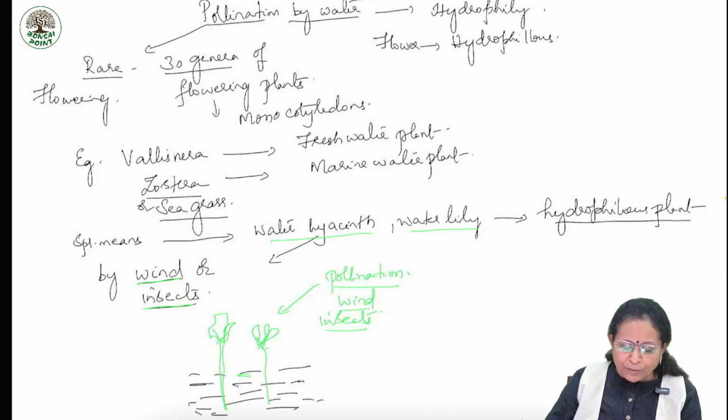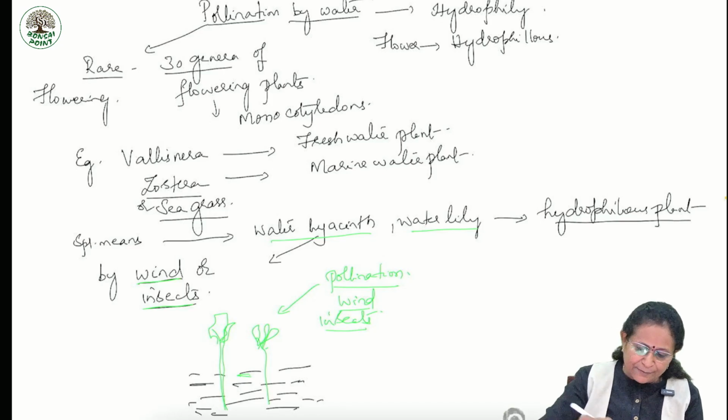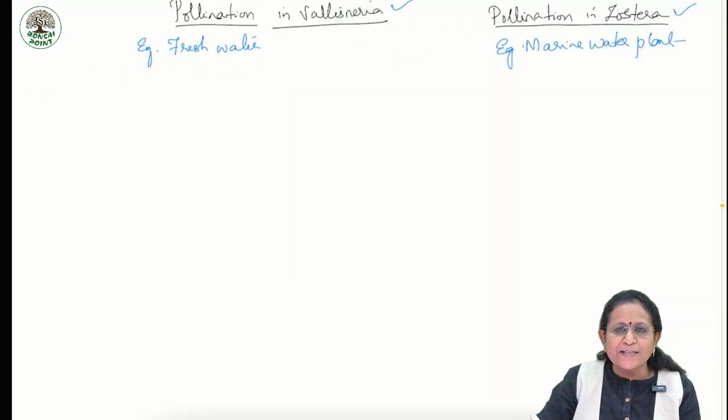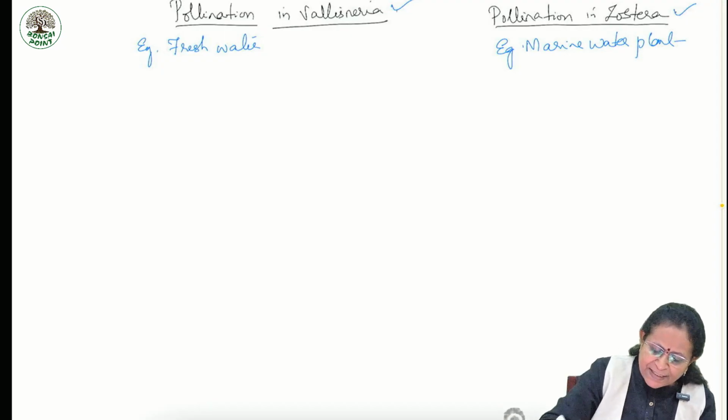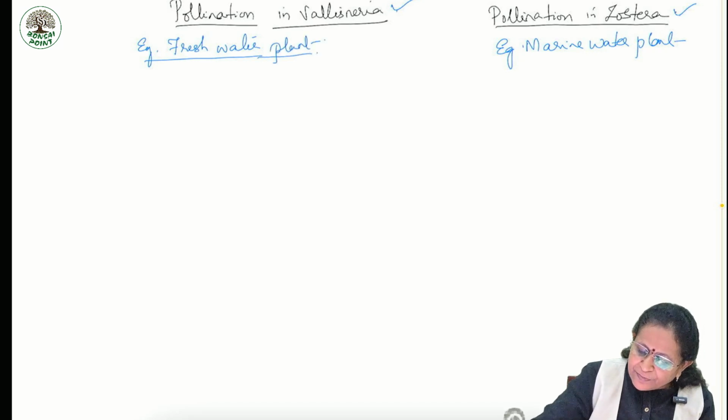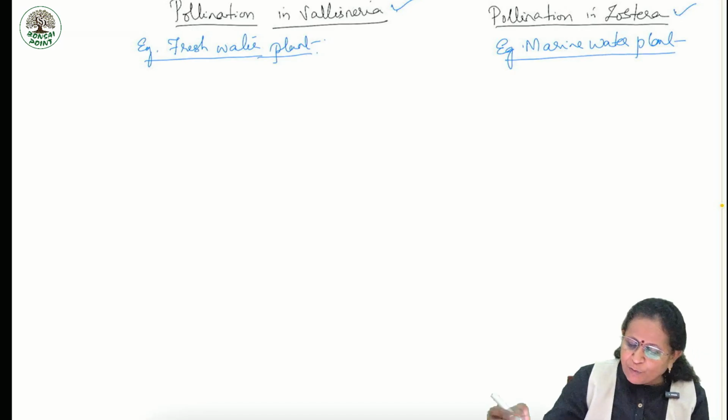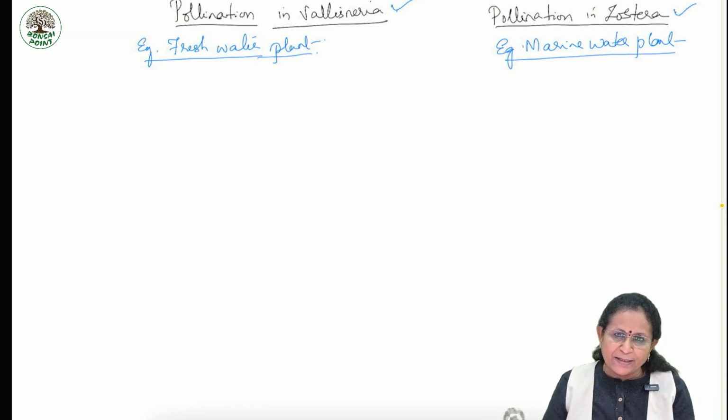Let us see about Vallisneria and Zoostera or seagrass. Students, let us see how pollination occurs in Vallisneria and Zoostera. Vallisneria is an example for a fresh water plant, and Zoostera is an example for a marine water plant.